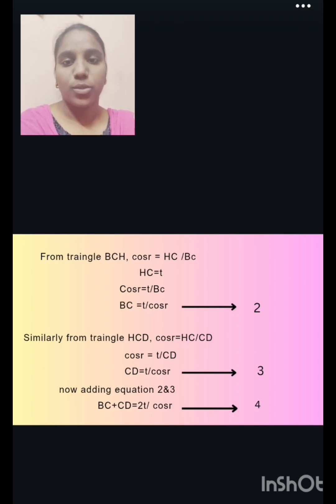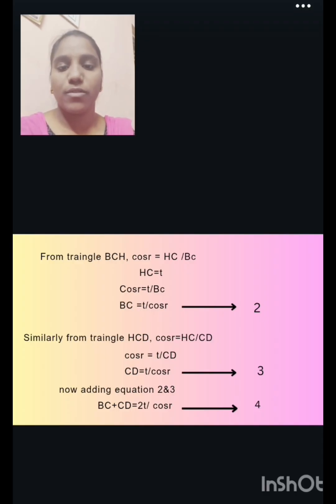That is equation 2. Similarly, from triangle HCD, cos r is equal to HD by CD, so cos r is equal to t by CD, and CD is equal to t by cos r. That is equation 3. Now adding equations 2 and 3, we get BC plus CD, that is 2t by cos r. This is equation 4.